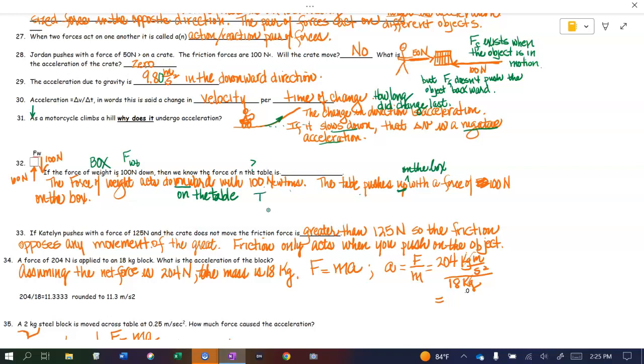So the interacting objects are the box and the table.